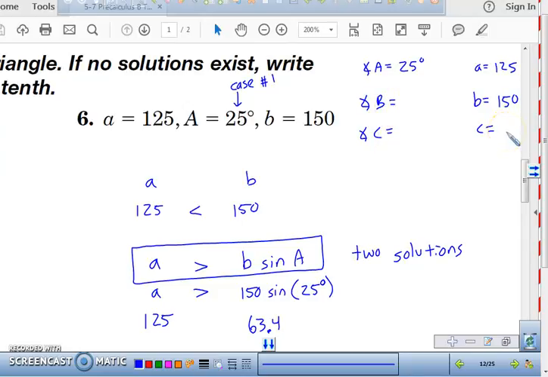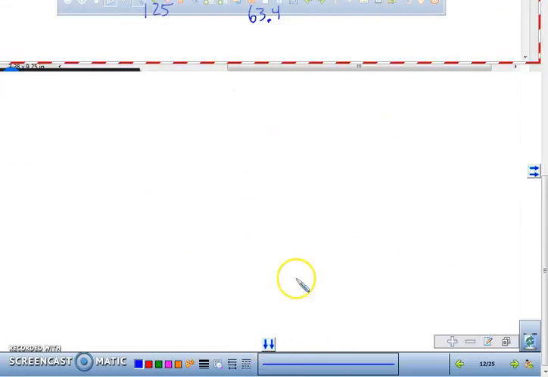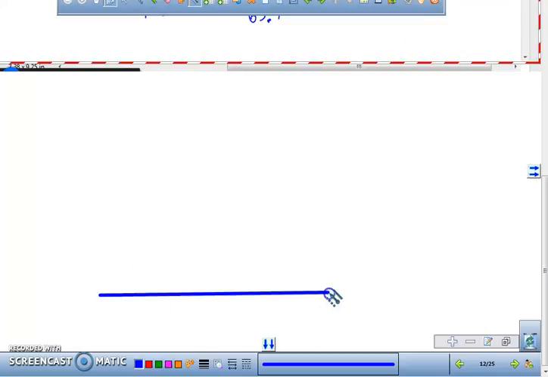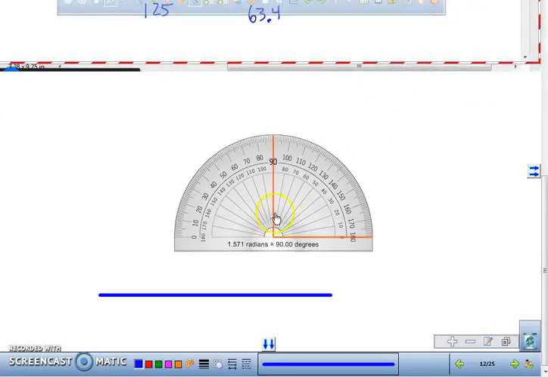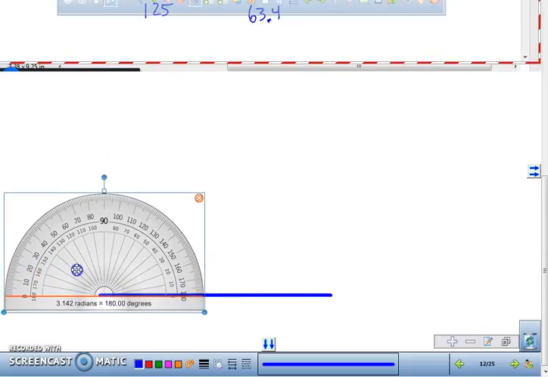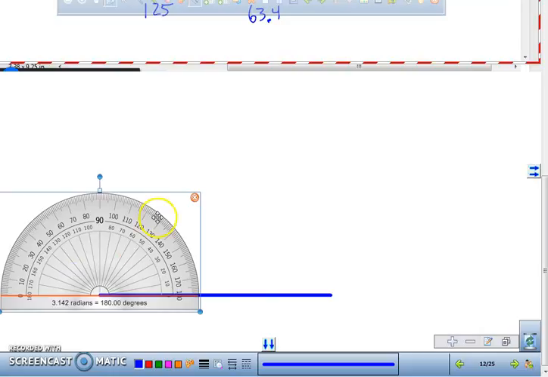We're going to use the law of sines to do this. But before I do it, I want to show you the picture of the triangles that we're going to be working with. So I want you to do your best to draw these triangles with me. First thing I'm going to do is draw a 25-degree angle. There's my nice flat base right here. That's going to be my side C. I'm going to get my protractor out and draw as best I can a 25-degree angle.